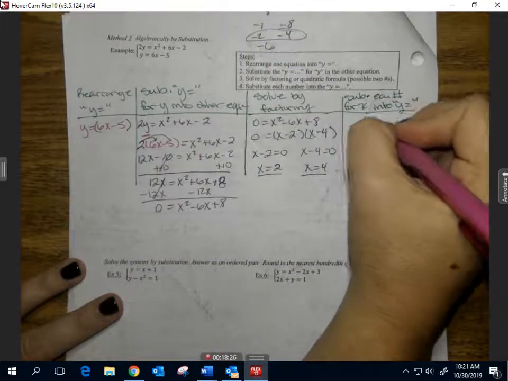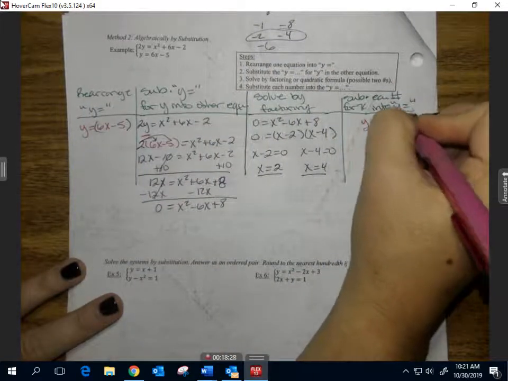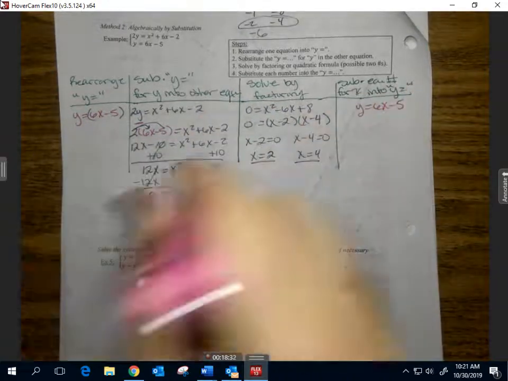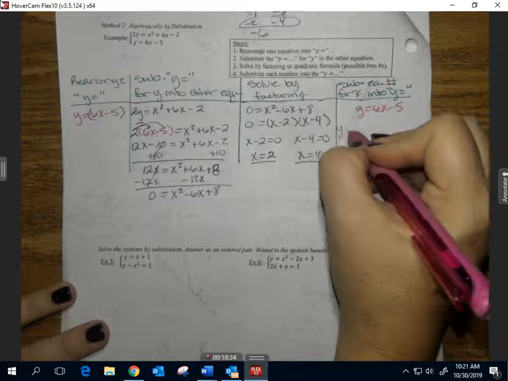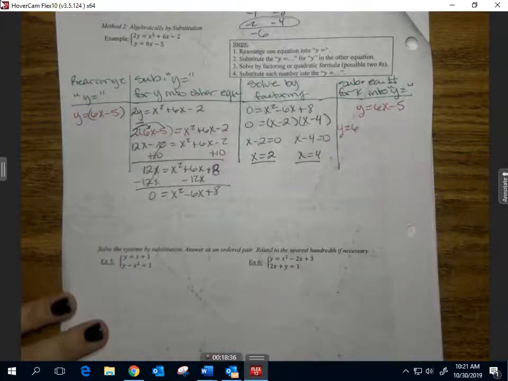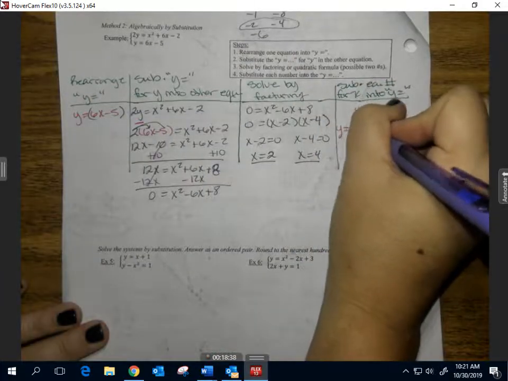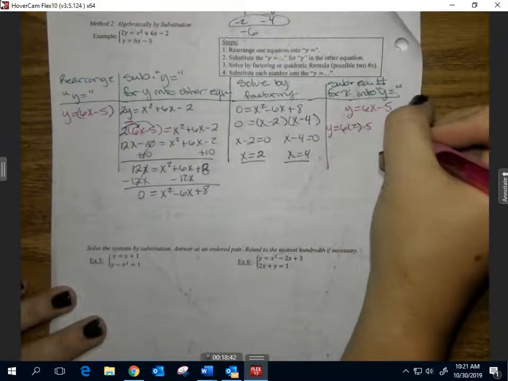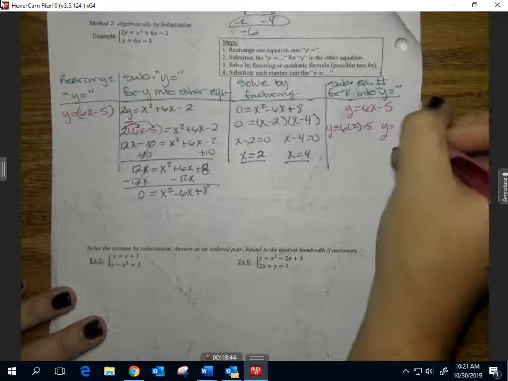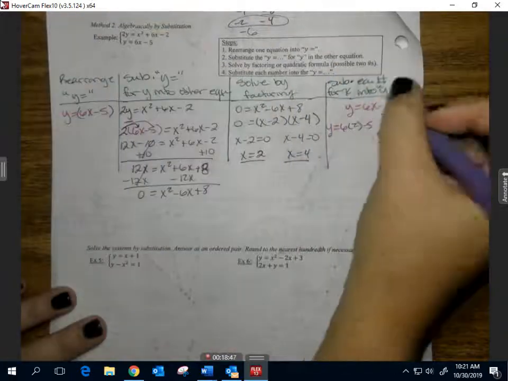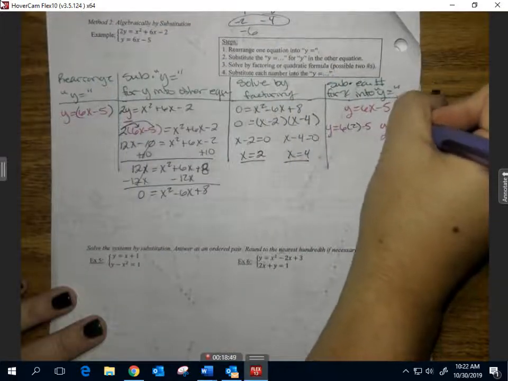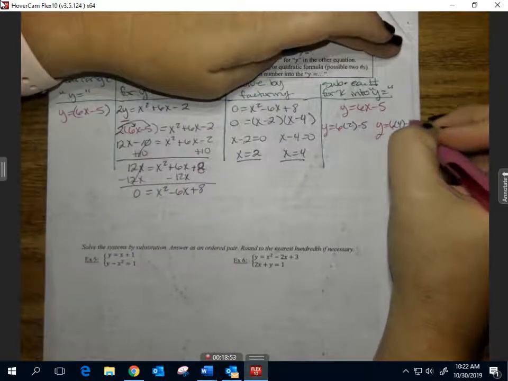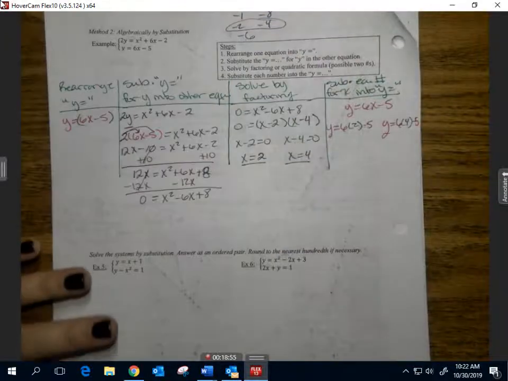So we're using this equation here. I'm going to make two different ones. One's going to be y equals 6 times 2 minus 5. The other one's going to be y equals 6 times 4 minus 5. Oh, I'm running out of room.